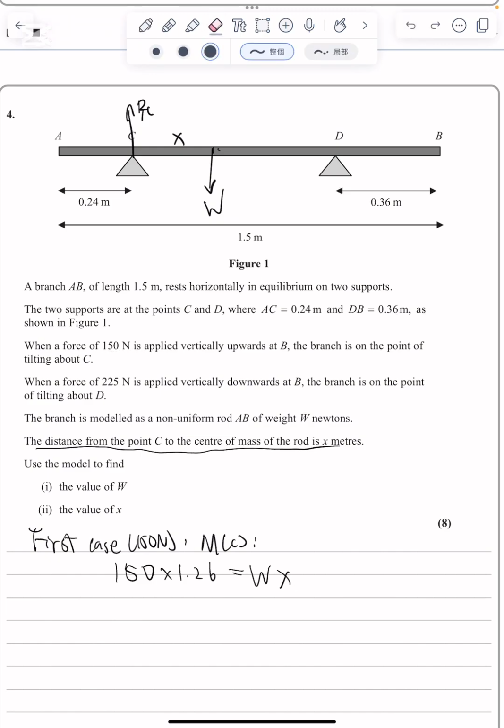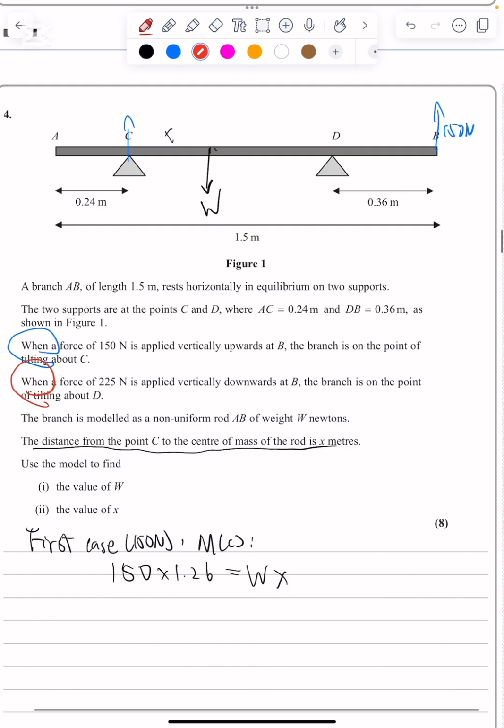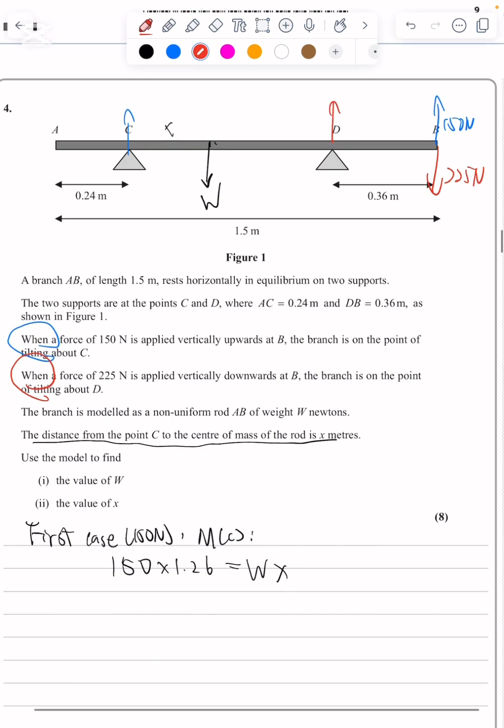I'm going to use blue for the first case. 150 newtons, and there's definitely no force here. For the second case, there's 225 newtons here, and it is on the point of tilting about D. So there's a force here, but no force at C.